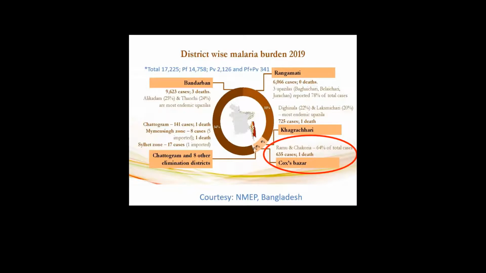In total, 99% of our cases came from these 4 districts. The other 9 districts contributed only 1% of our malaria burden. Next slide, please.